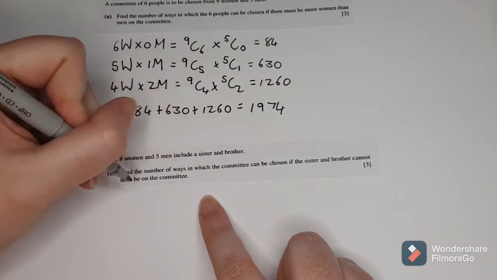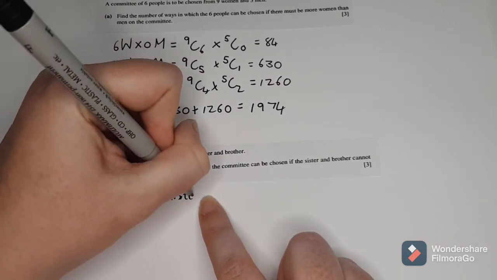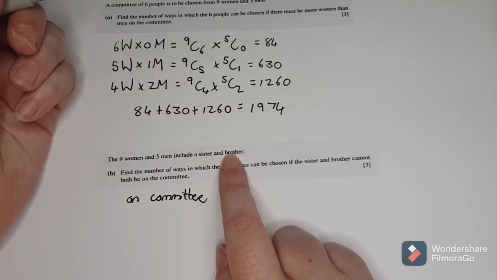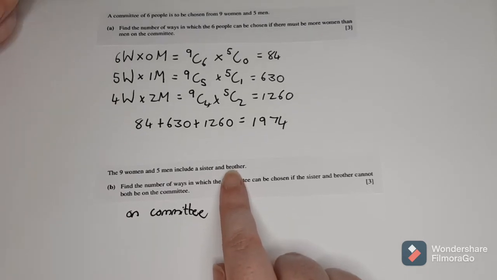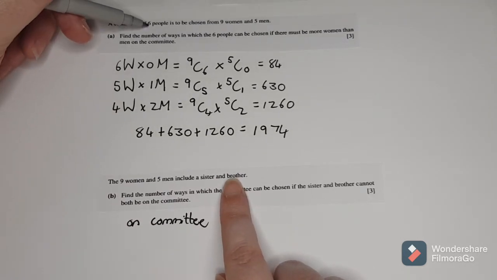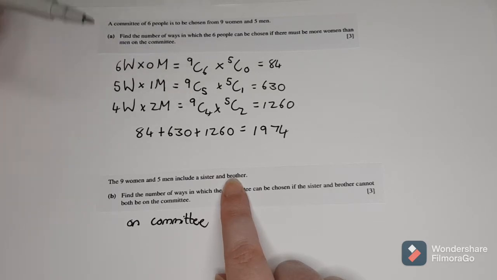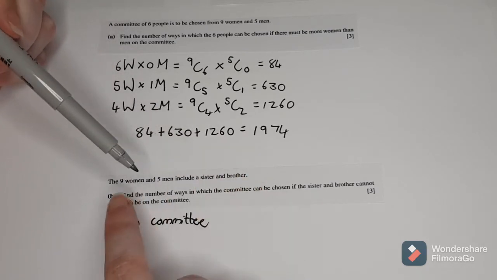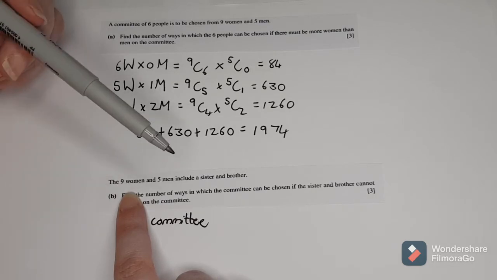So if both are on the committee, it means that the brother and the sister have taken 2 spaces on the committee, and our committee, remember, is made up of 6 people. So they have taken 2 of those 6 places, and because they are both there, they are now taken out of the total that we have left to choose from, because we've already chosen them.